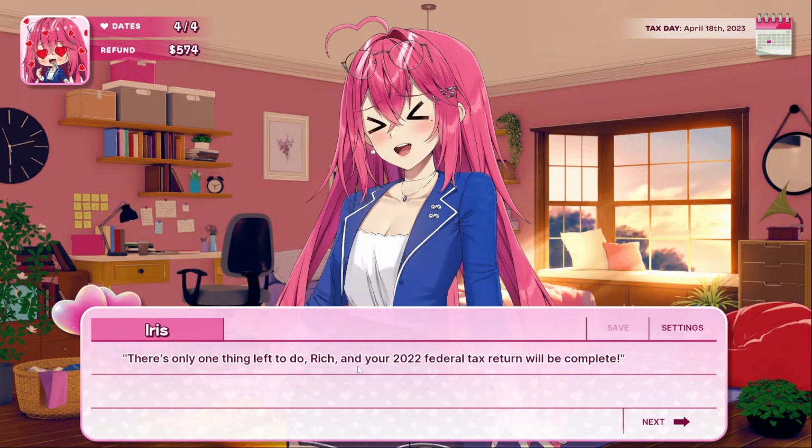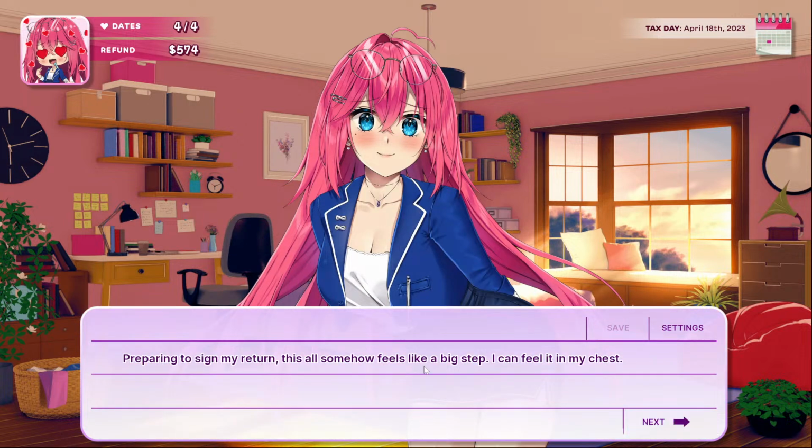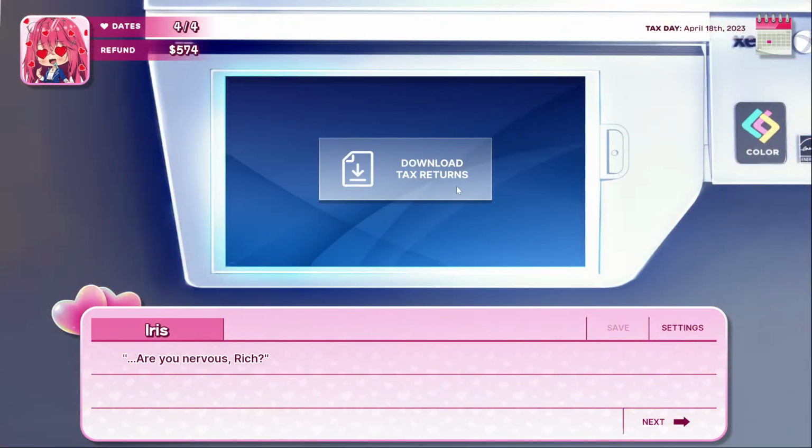One thing left to do, Rich, and your 2022 federal tax return will be complete. So you print your return, make sure to sign a physical copy, then it will be complete and ready to send. Ready to sign my return. This moment feels like a big step. I can feel it in my chest. Download tax returns.